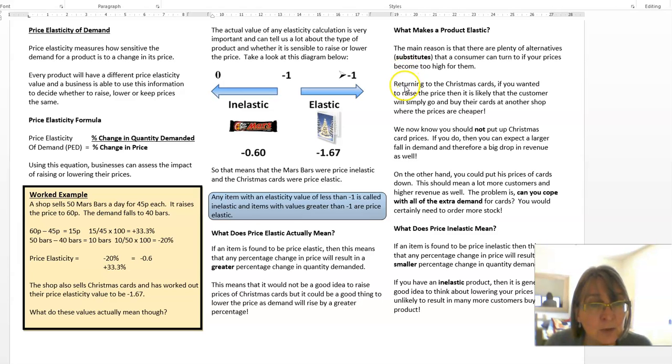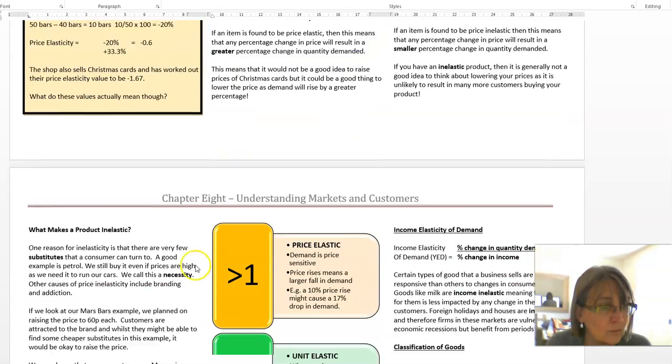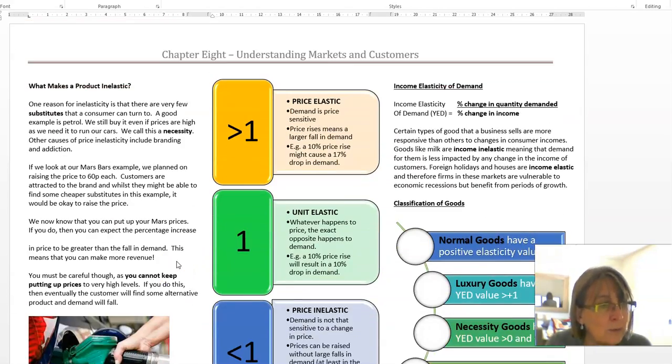If we change the price and someone can buy almost exactly the same thing cheaper, then they're not going to buy ours. That would make our product elastic. However, one reason for inelasticity is if there are very few substitutes.